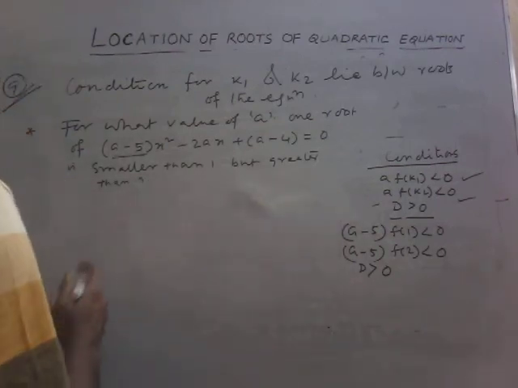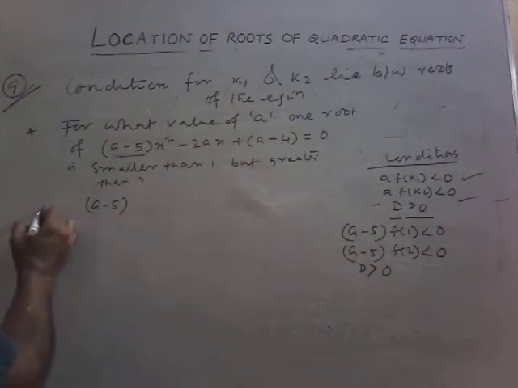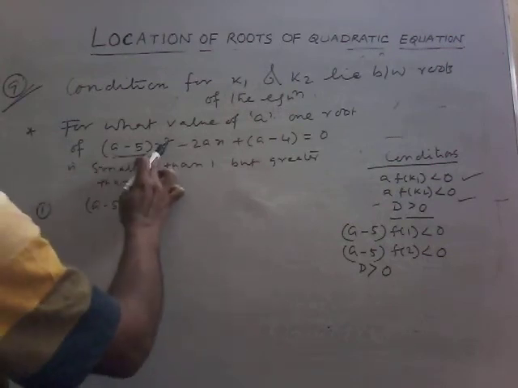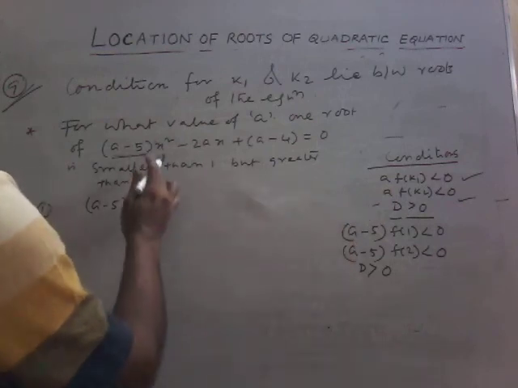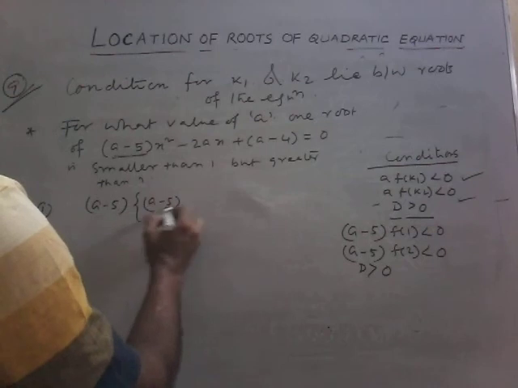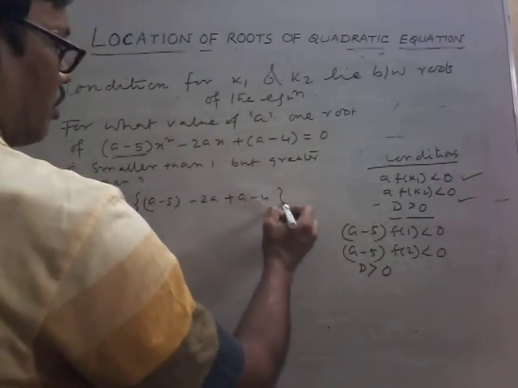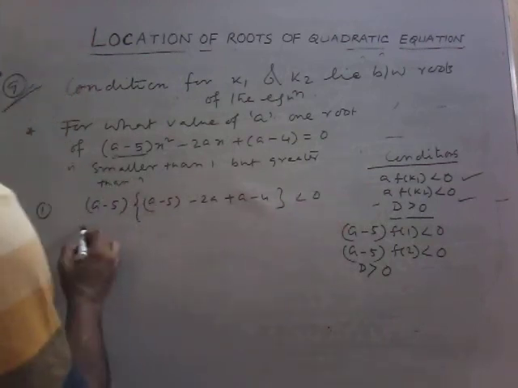What is f1? a minus 5 is unchanged. f1 is a minus 5 minus 2a plus a minus 4 less than 0.